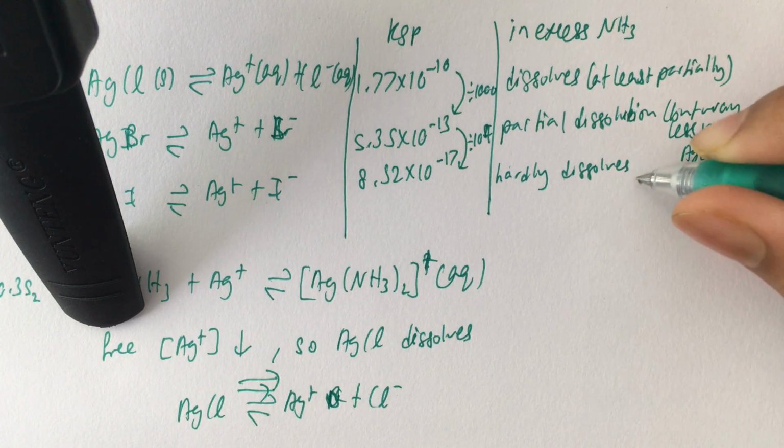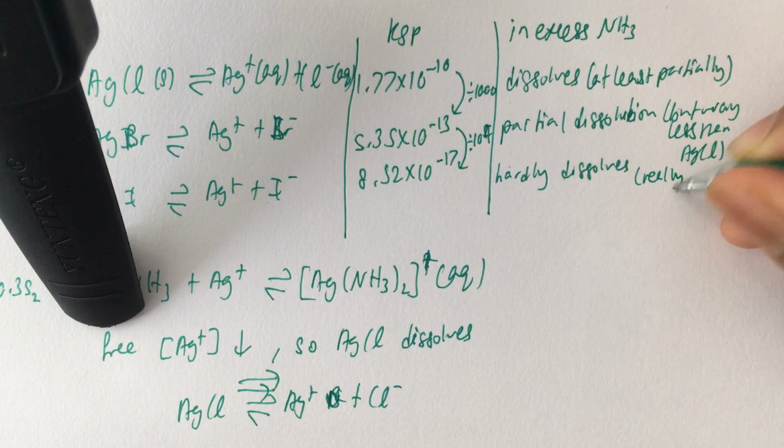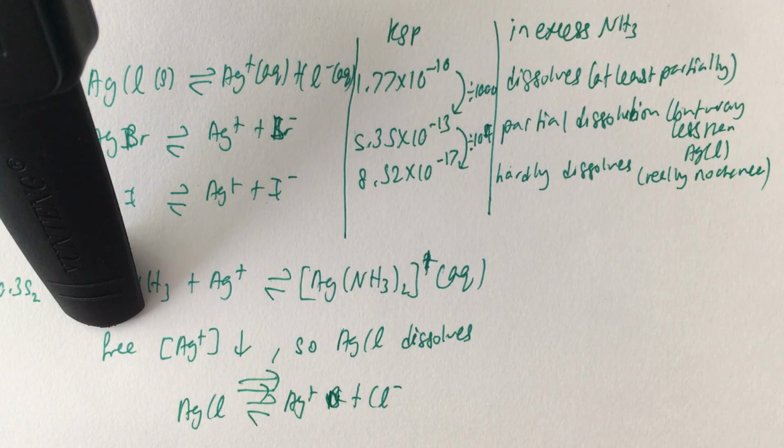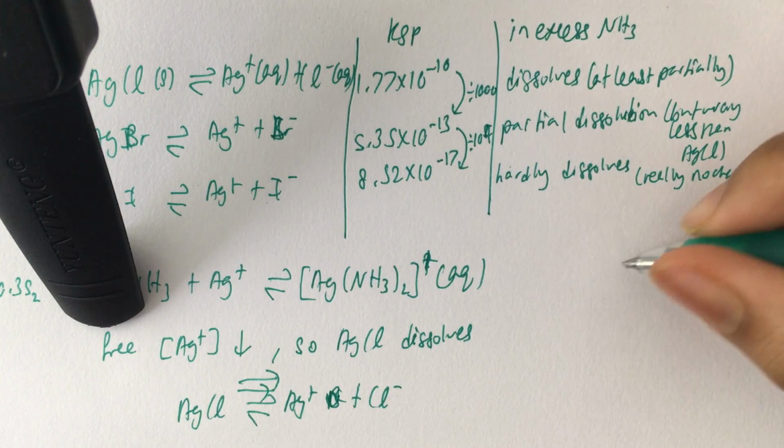Solubility equilibria can be affected by things like adding acid, formation of complex ions, and adding one particular ion into the solution.